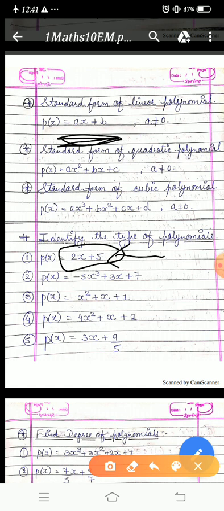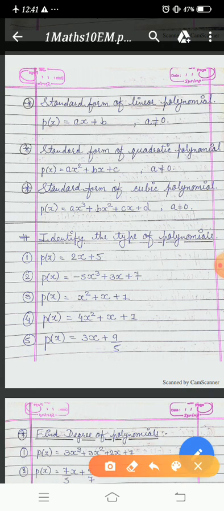Very simple. Now the next question is p of x equals minus 5x cube plus 3x plus 7. See very clearly here, minus 5x cube plus 3x plus 7. That means the degree of the polynomial is 3.